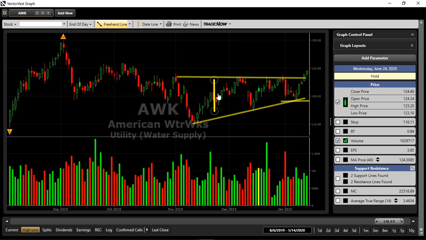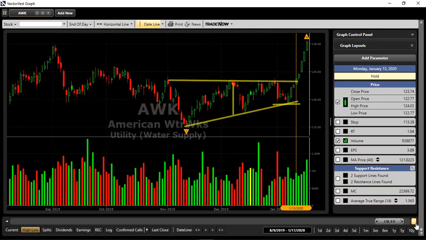I'll be a little bit more conservative, and I'm going to take it from the second higher low to the top of resistance. So how far is that? That's about $1.23 to $1.17. That's $6. So $6 higher than my breakout closing price of 123 and change. So I should expect it to go about to 130.